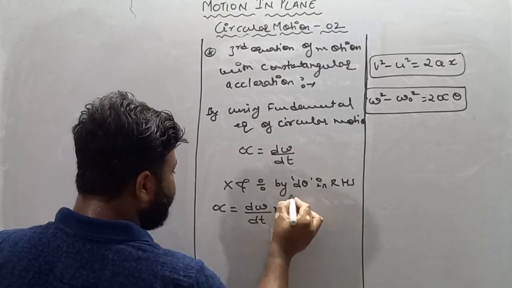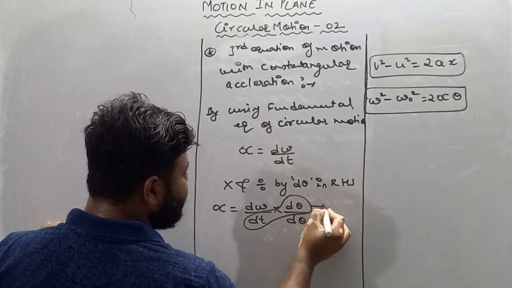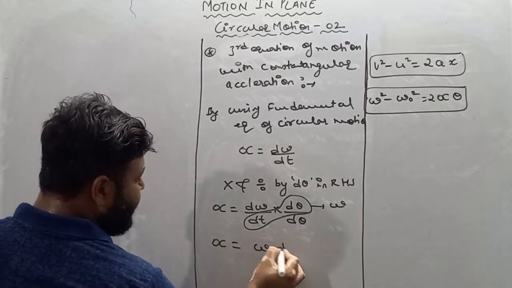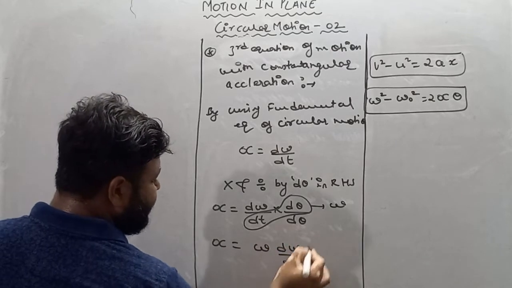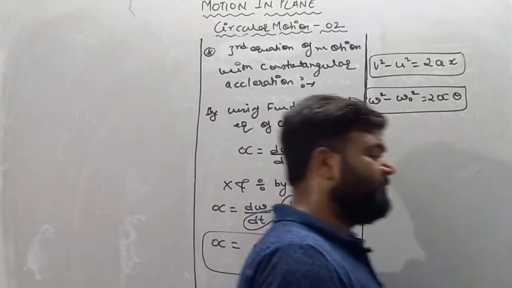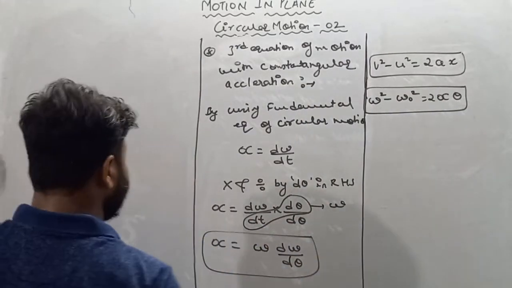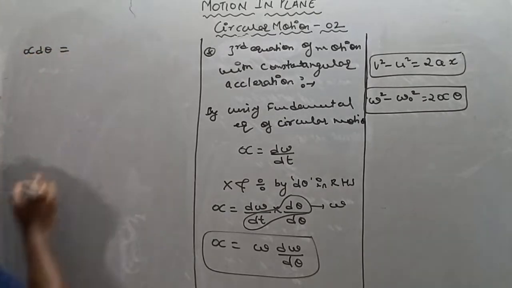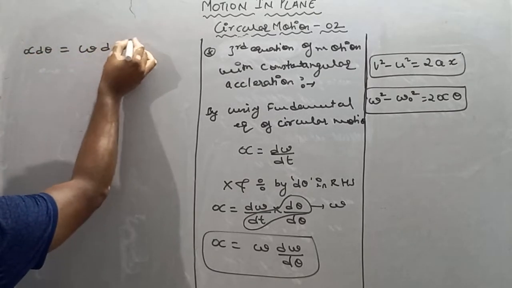As we know, d theta by dt is nothing but omega. So I will write alpha is equal to omega d omega by d theta. Now take d theta to this side with alpha. So we get alpha into d theta is equal to omega d omega.